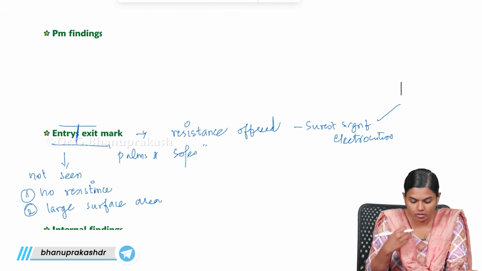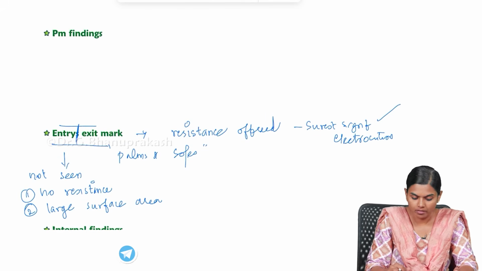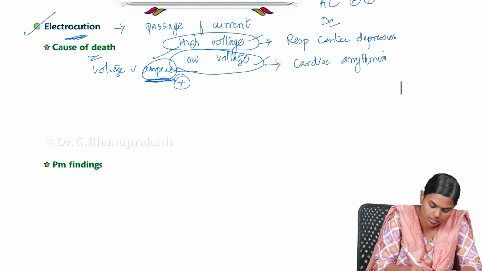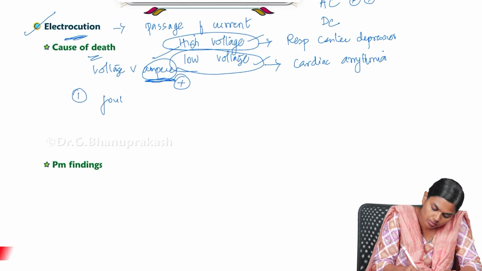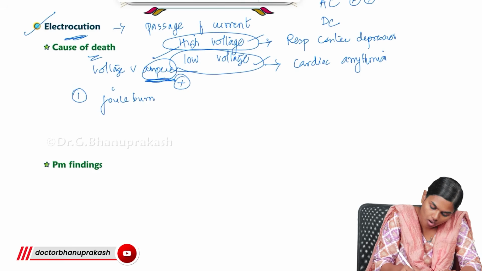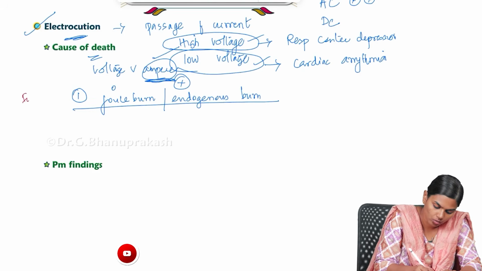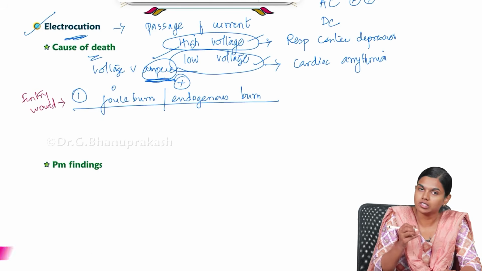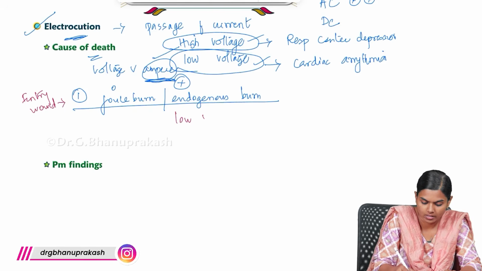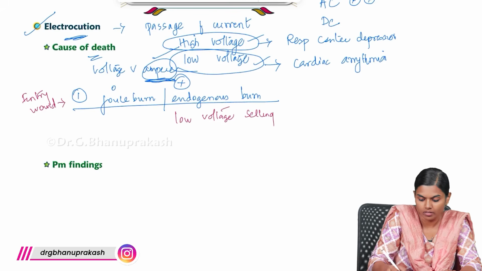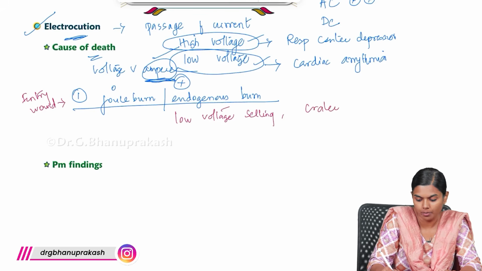And looking into this entry and exit mark further, we have to know two things. First is Joule burn or endogenous burn. So, this is a type of entry wound, and this is seen only in low voltage setting. It forms a typical crater appearance.